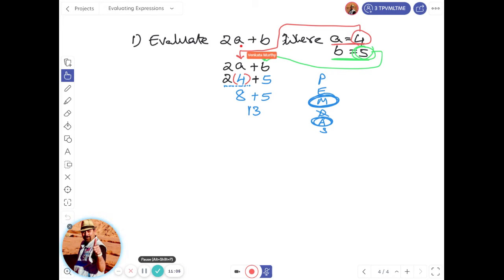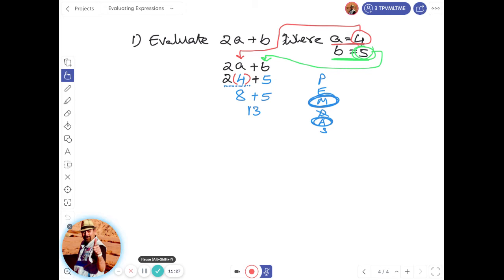Evaluate 2a plus b. This is the given question where a equals 4 and b equals 5. So you copy the expression, then whatever the value of a is given, that is to be just plugged in the place of a.